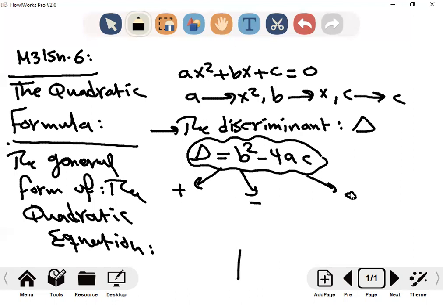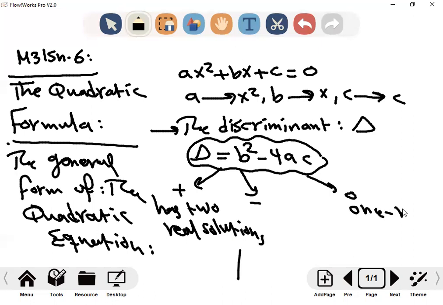If it's positive, then the equation has two real solutions. If it's 0, it has one real solution.